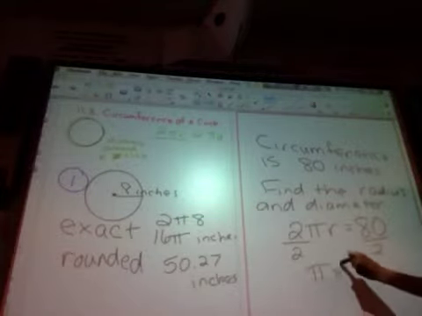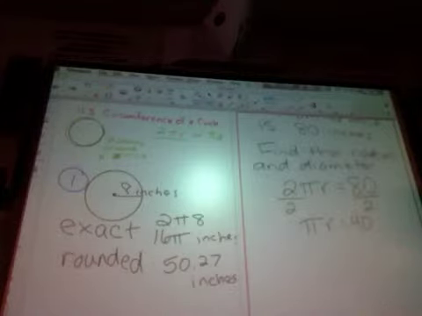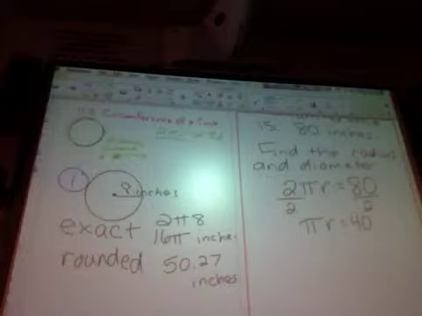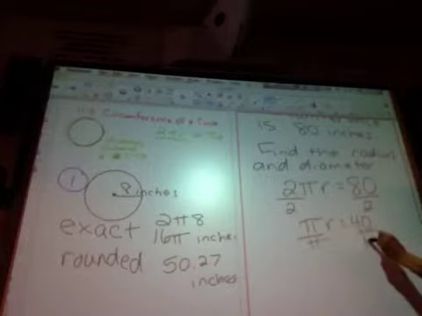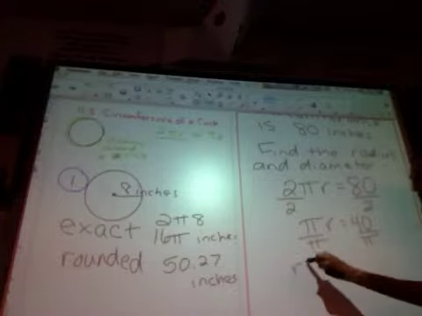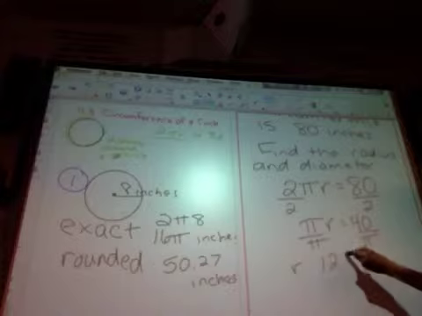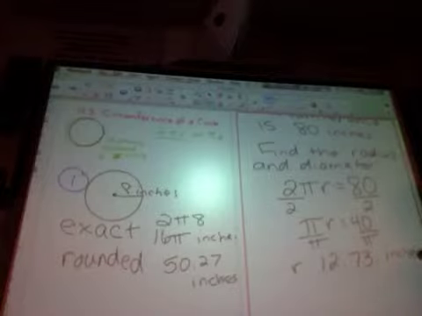80 divided by 2 is? What if we did the diameter and we did 80 divided by 2? That's fine. That works too. Now what? Divide by pi. Now just give me a decimal answer for my radius. Is that what you guys got? And my label is inches.